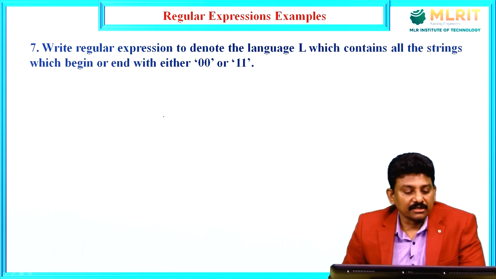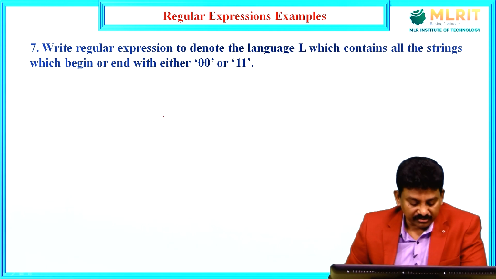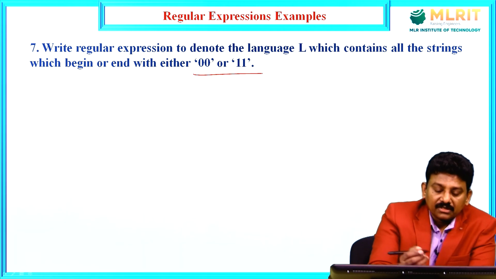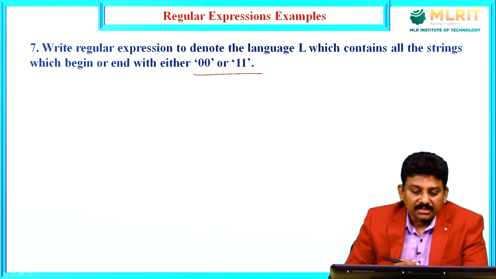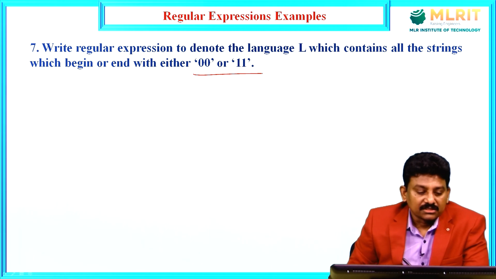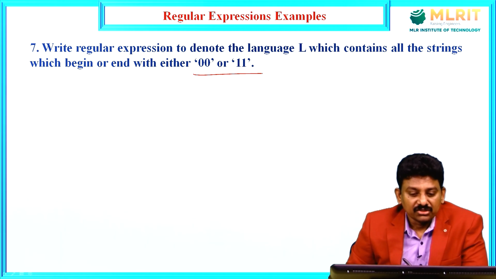Next, write regular expression to denote the language L which contains all the strings which begin or end with either 00 or 11. Here the regular expression contains two parts. The string begins with either 00 or 11, or the string ends with either 00 or 11.